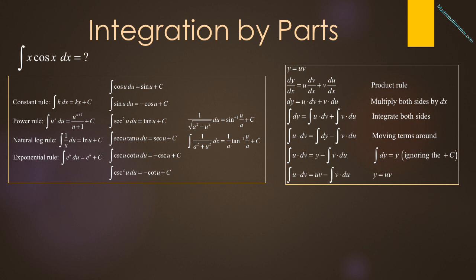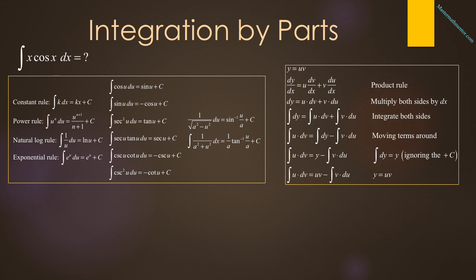We take the integral of each term, and we get the integral of dy is the integral of u dv plus the integral of v du. If we move some terms around, we get that the integral of u dv is equal to the integral of dy minus the integral of v du.